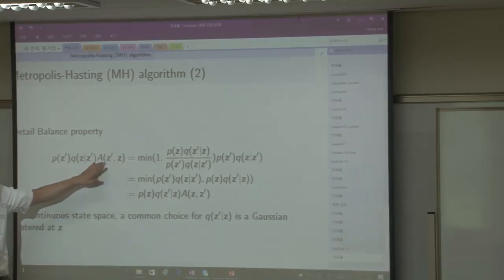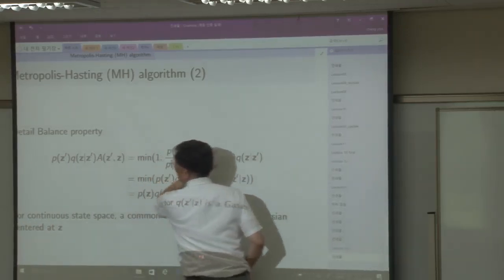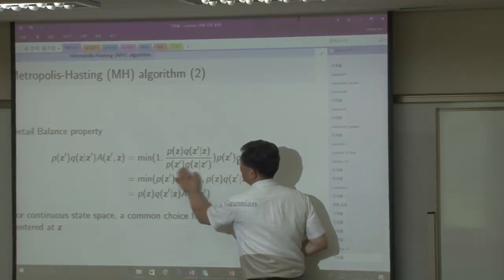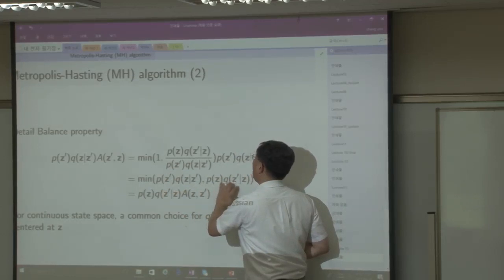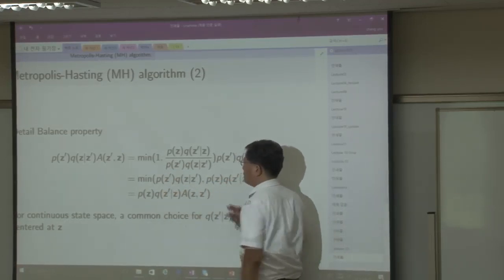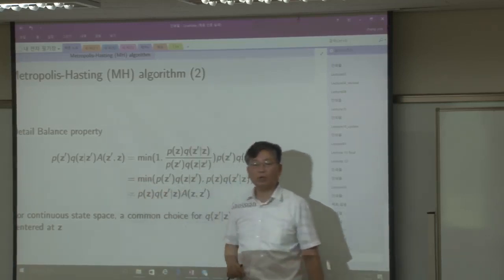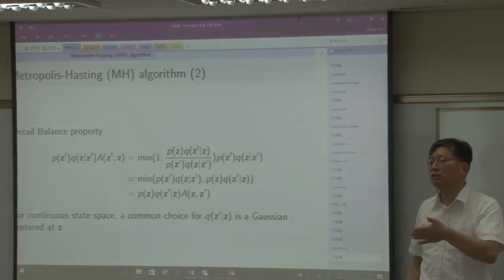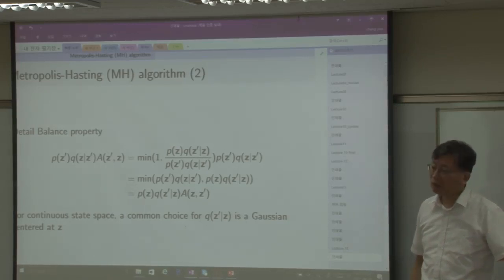You plug in this A, move this thing right over here, and I plug this in, so the denominator cancels out, and then I extract the other one out, and it becomes this. So you can see that the detailed balance equation has been satisfied. Which means the distribution is stationary. Okay?